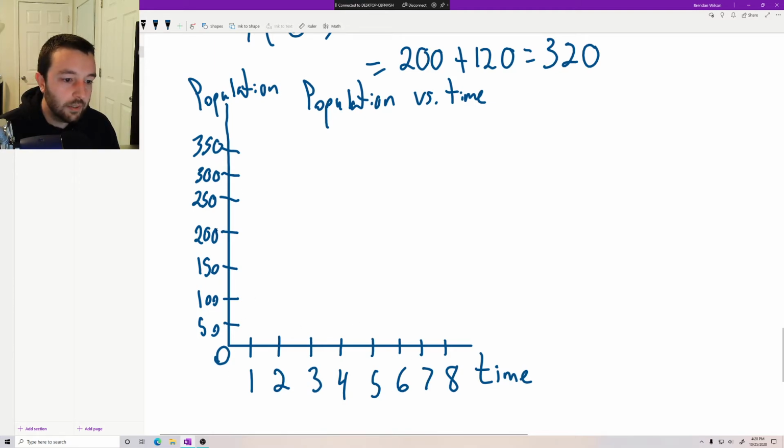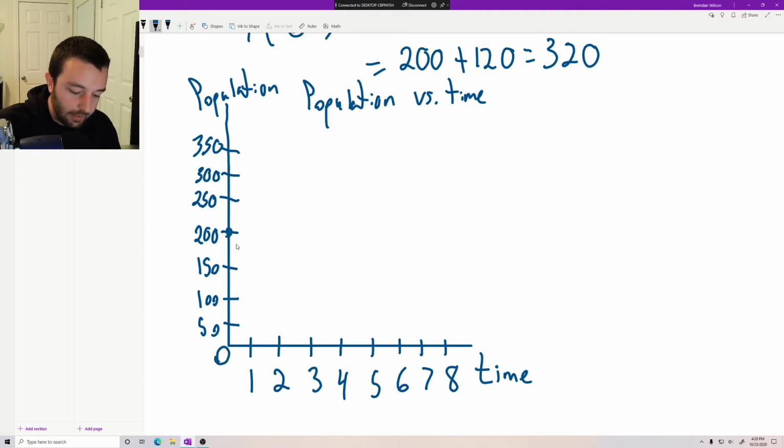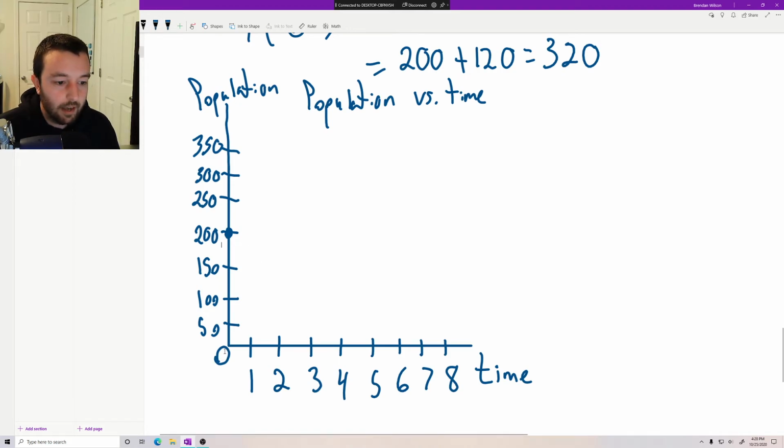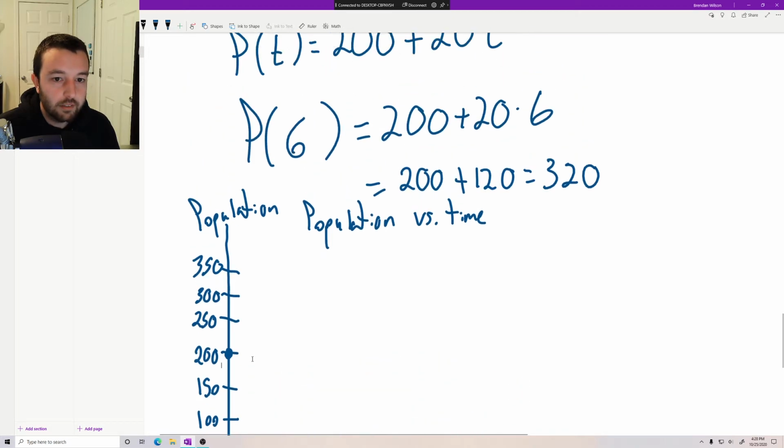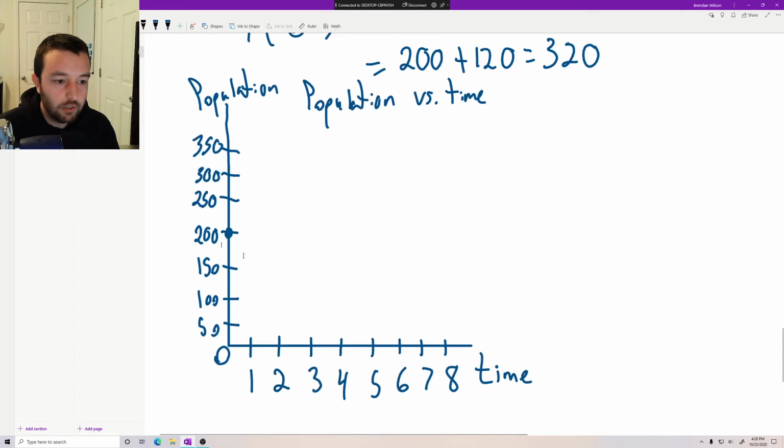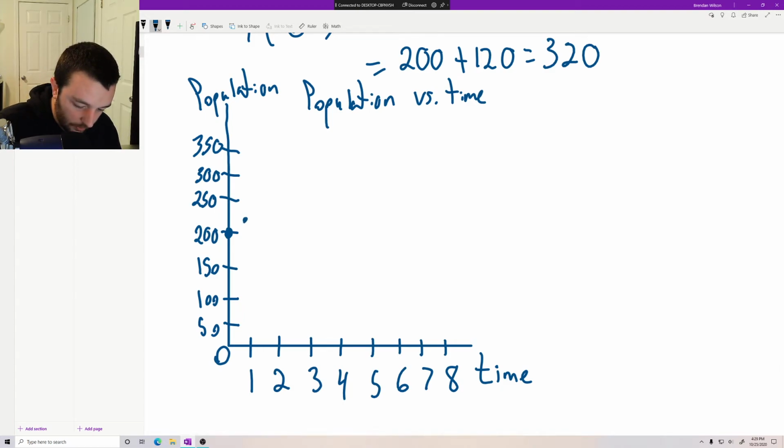So at time 0, there are 200 students. So we would put a dot at 200 at time 0. At time 1, it's gone up 20 students, so there's 220. So that's going to be somewhere like right here, right? At time 2, it's 240, so that's like right here.